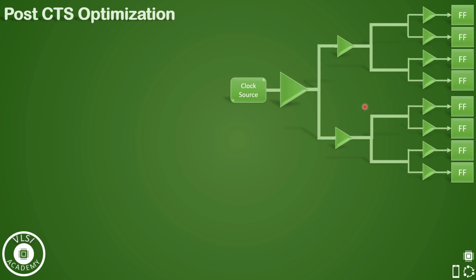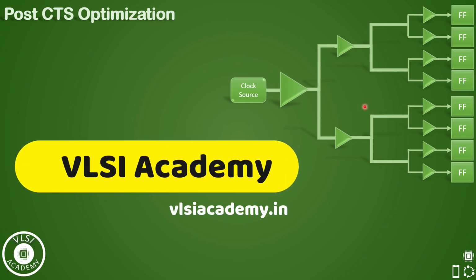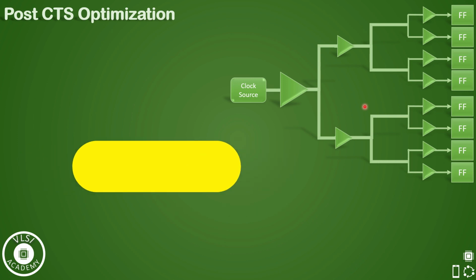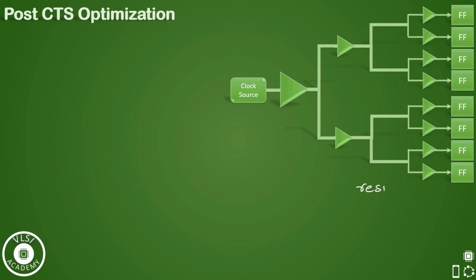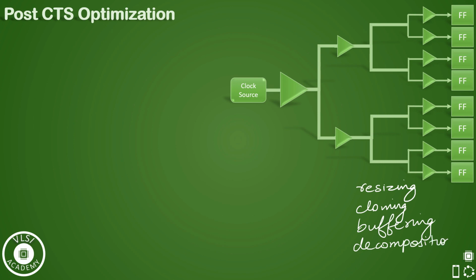Now these set of techniques would already be used in the placement also, and these are, but not limited to, resizing, then second one is cloning, then third one is buffering, and then fourth one is decomposition. Not limited to this, there can be other fixes for fixing the timing also. So these are the commonly used fixes that you also know already.